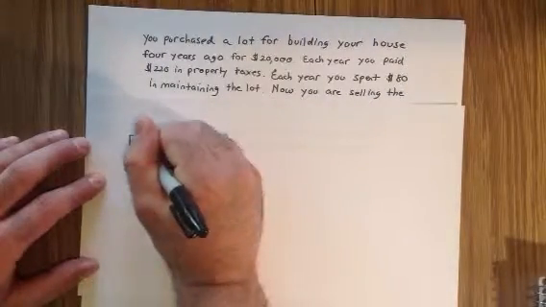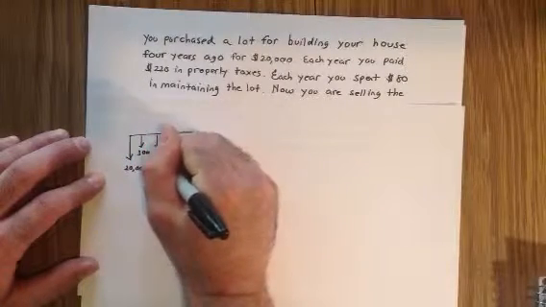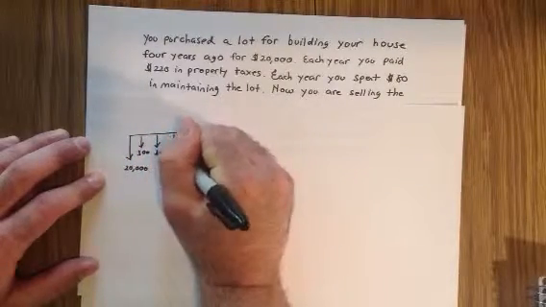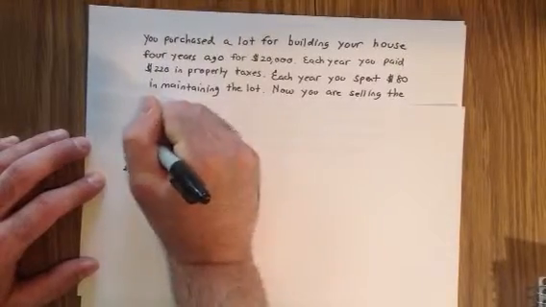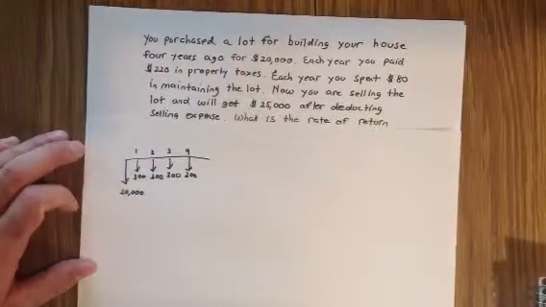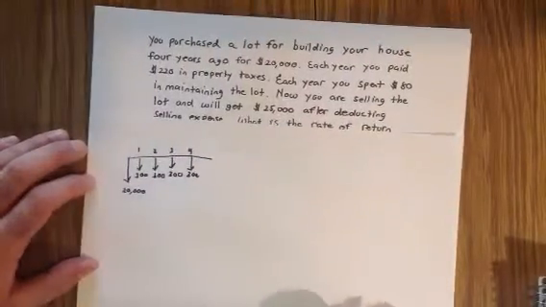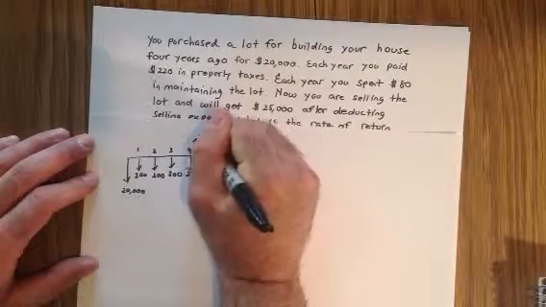So we can draw this in here as well, a total of $300 for 4 years. And then finally, at the end of that 4-year time, we're going to be selling the lot and we receive an income of $25,000 here. So we can write that in there.